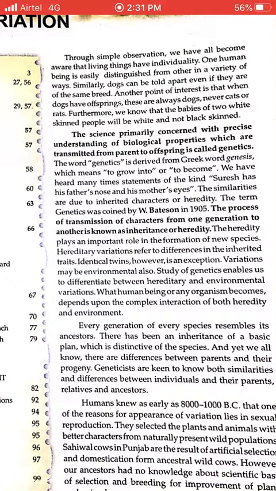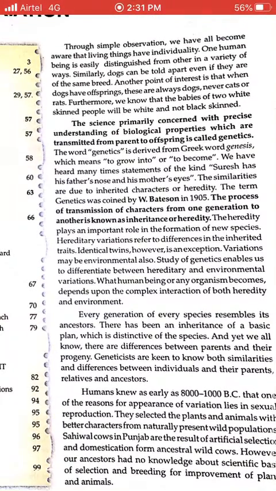There is also one scientist known as the father of genetics, Mr. Gregor John Mendel, who studied genetics very thoroughly and came up with the laws of inheritance, which we will study in the upcoming chapter.